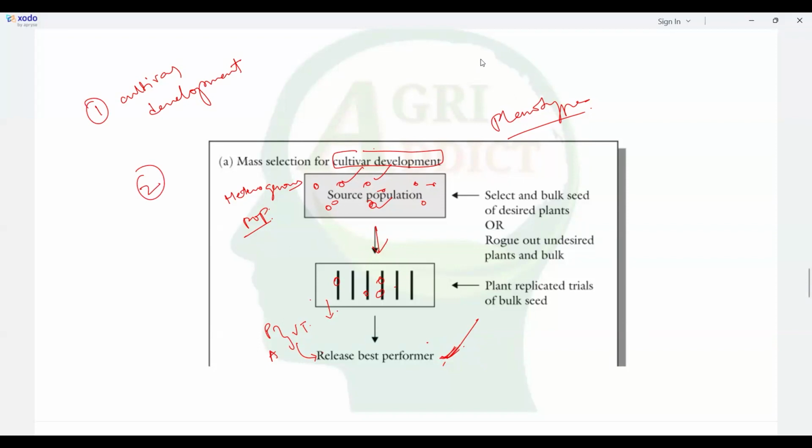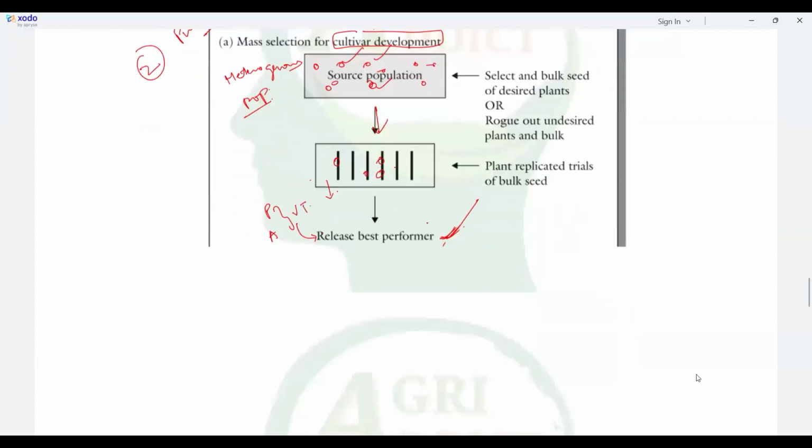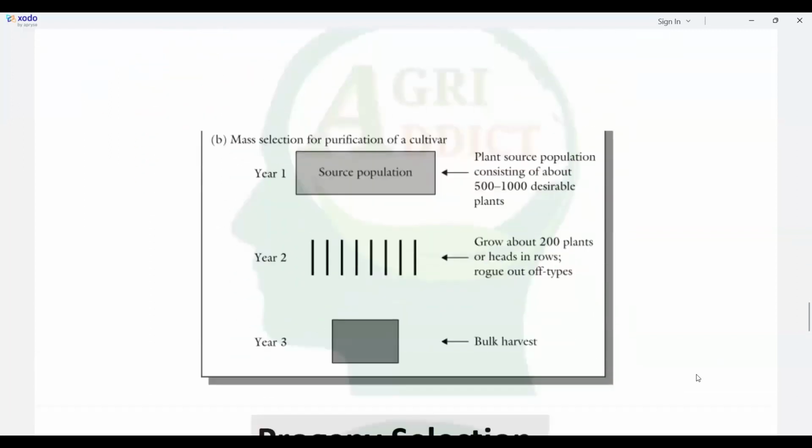We have discussed both. One is for cultivar development and the other is purification of variety. Yes, it can also be used in purification. So if you want to purify, what do you need to do? We need to identify the off types and cull them out, right?